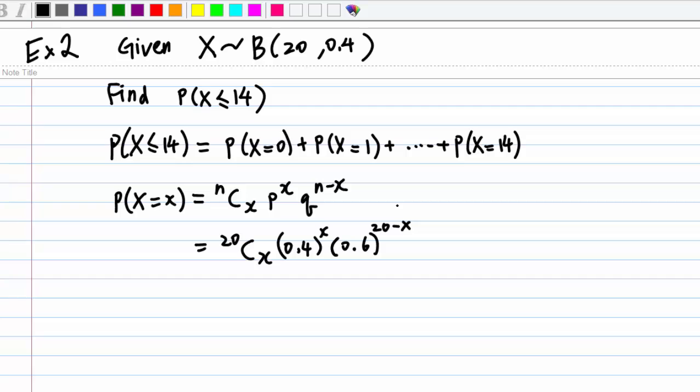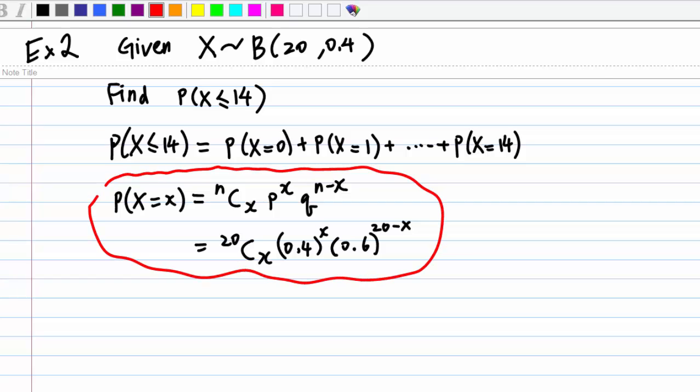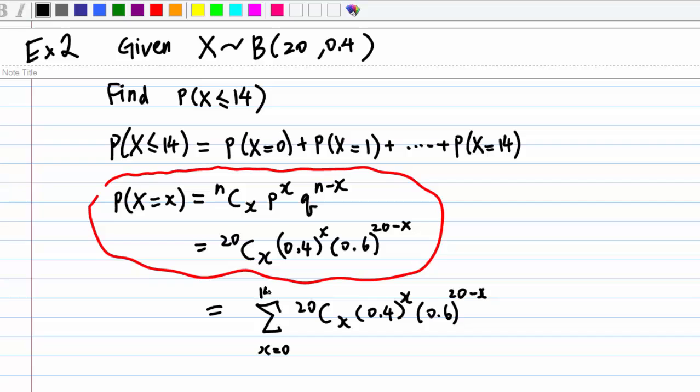Once we know this density function, we add up this probability. This is a summation of 20Cx times 0.4 power x times 0.6 power 20 minus x, where x goes from 0 all the way to 14.